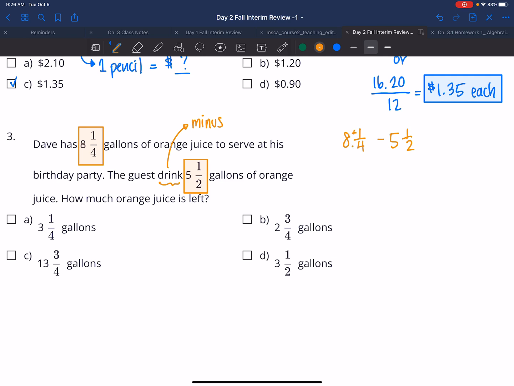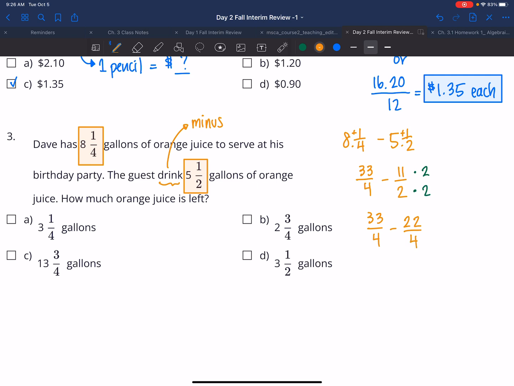Again, we want to convert it to an improper fraction. 8 times 4 is 32. Add 1 is 33 over 4 minus 5 times 2 is 10 plus 1, so it's 11 over 2. Right away, I can multiply this by 2 because I want common denominators. So I get 33 over 4 minus 22 over 4.